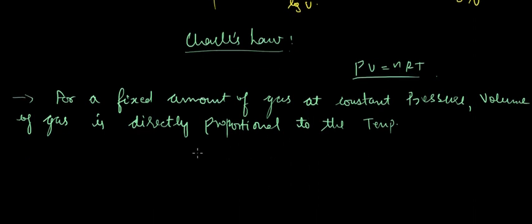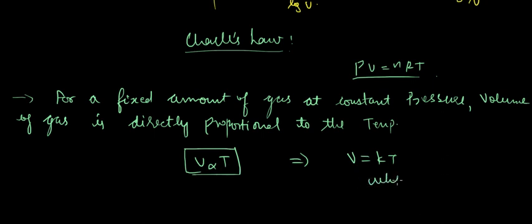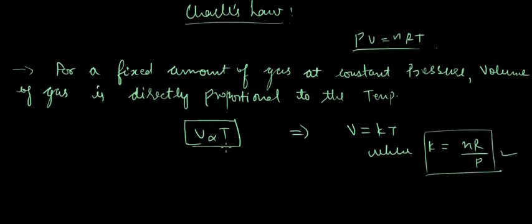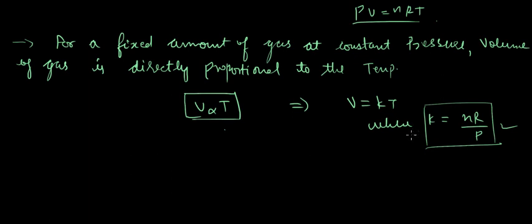Okay, or in other words, V is directly proportional to T, or we can write V equals KT when removing the proportionality sign, where obviously K equals nR upon P. Let's say this temperature is in Kelvin, so we can convert this.